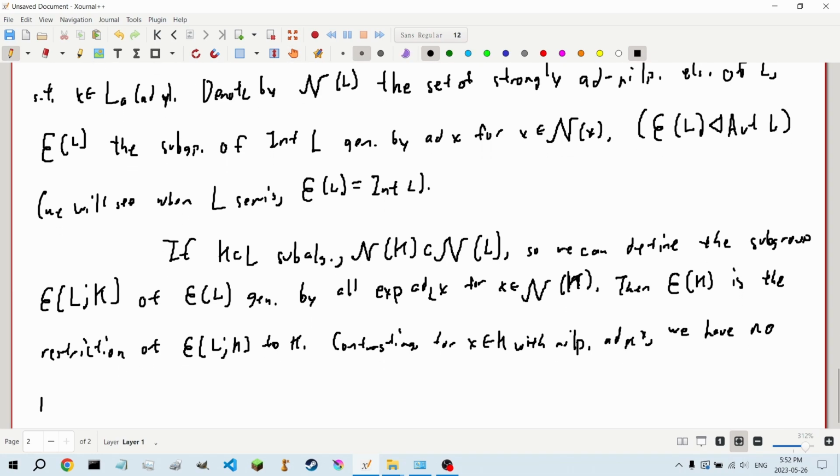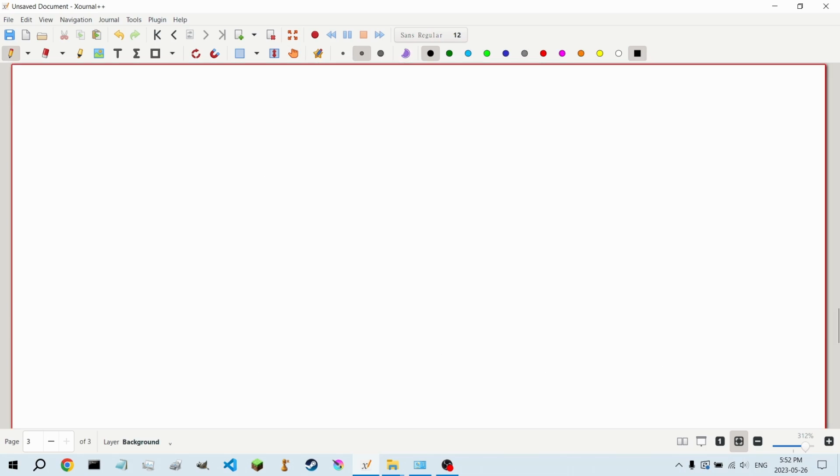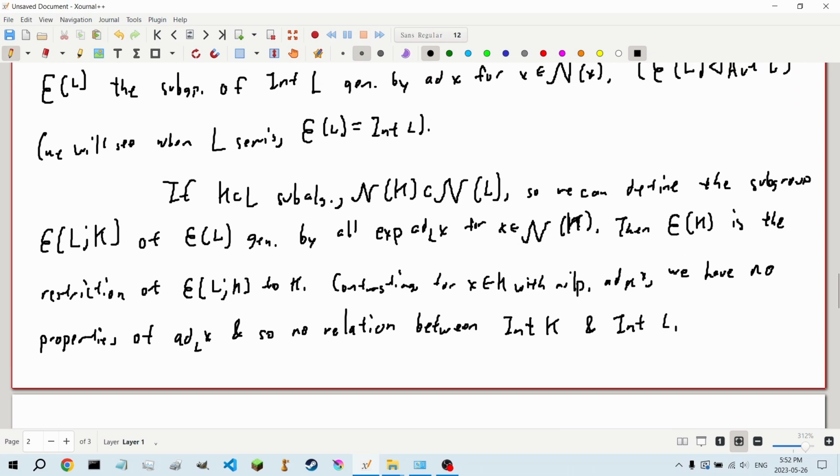We have no guarantee on the properties of the L adjoint of X, and so no relation between the inner automorphisms of K and the inner automorphisms of L. Well, okay.